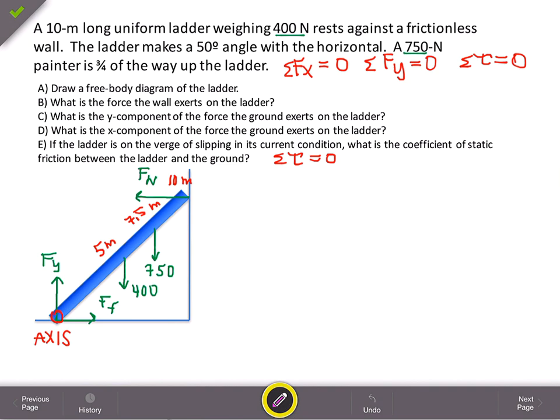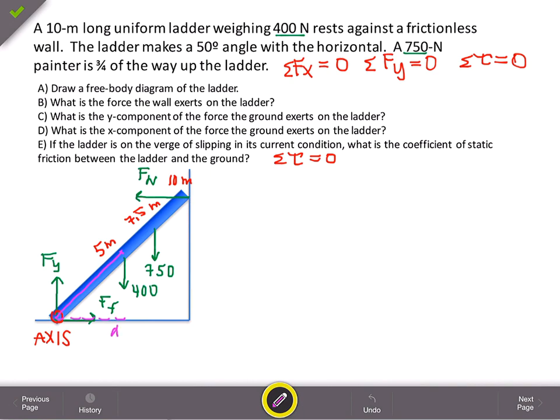If I come out here to my 400 Newton force, the real distance to the axis is this. However, only the part of that pink line that's perpendicular to my 400 Newton force creates any torque. That would be this distance here.